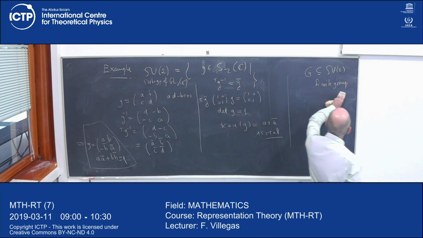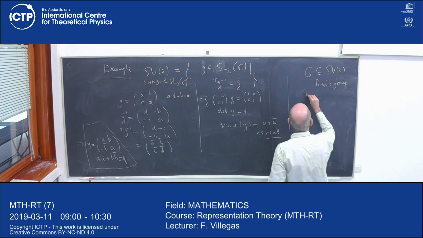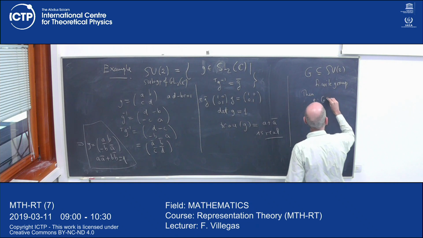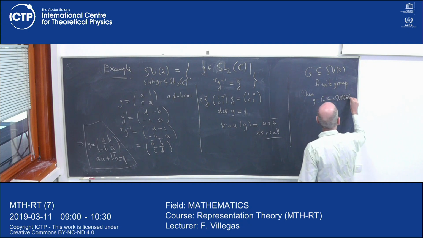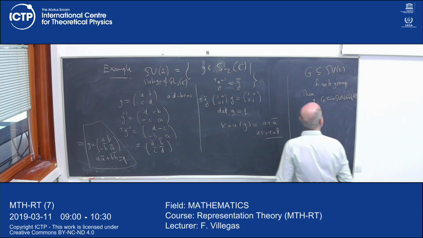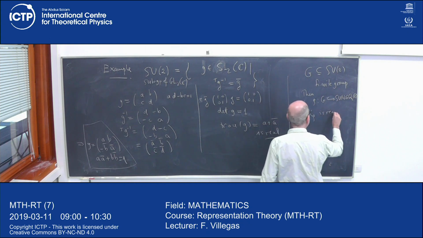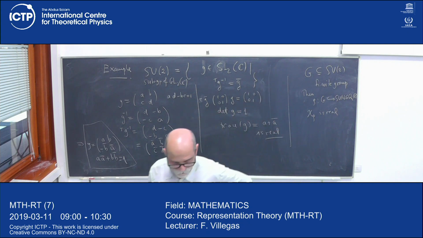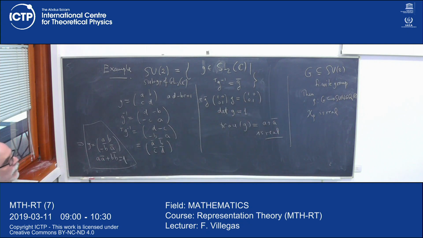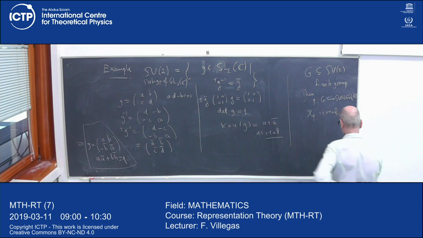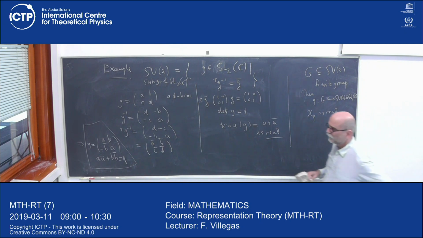Then what we would get is a representation of G. So G maps into SU2, which is sitting inside GL2 of C. And so the character of rho is real, because the matrices of that rho, that represent how G acts via rho, are in SU2, which has every matrix as real trace.